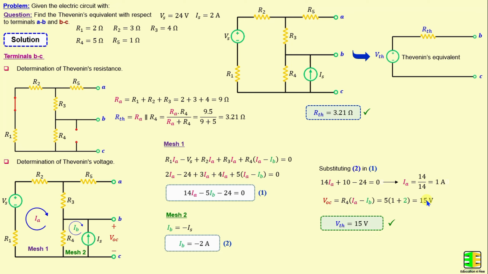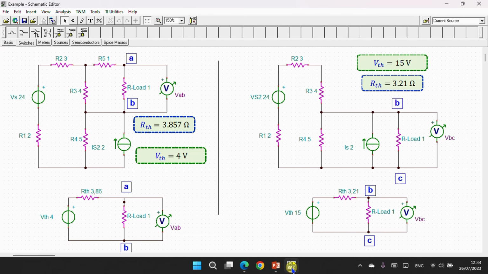After completing the calculations, I perform a simulation using SPICE to verify our results. Now let's proceed to the SPICE environment. This is our network drawn in the SPICE simulator.